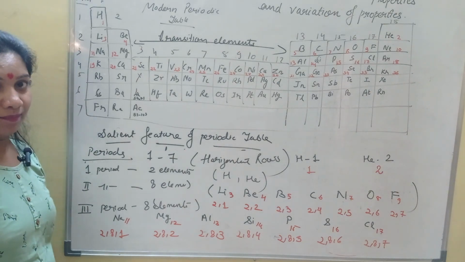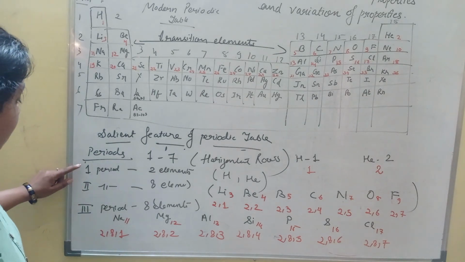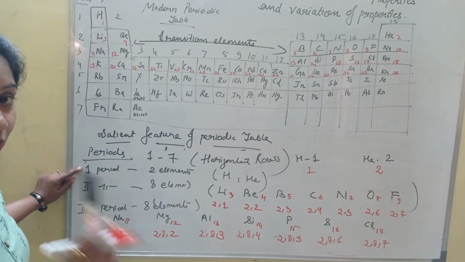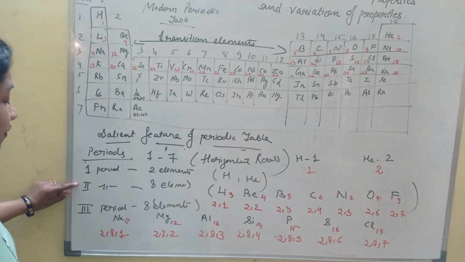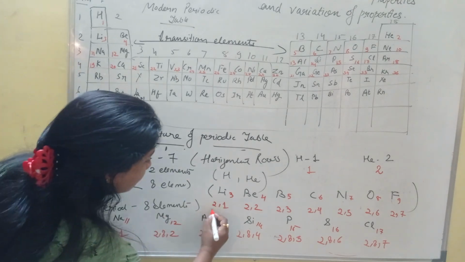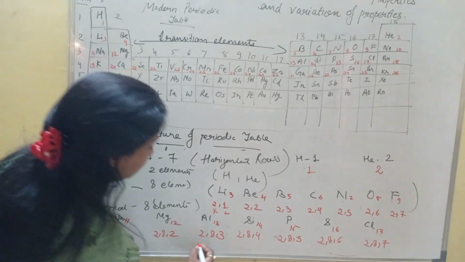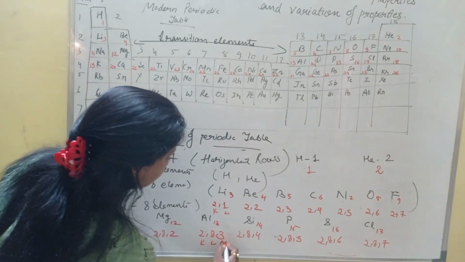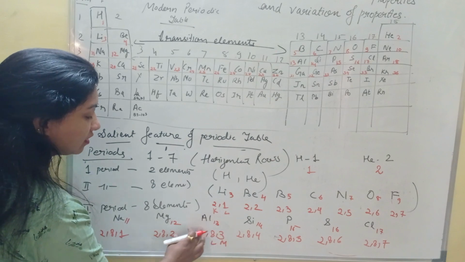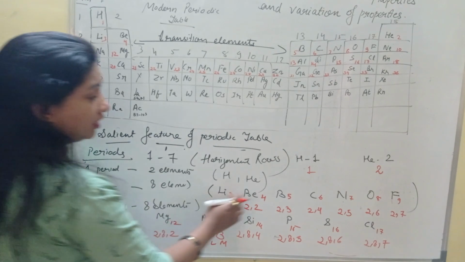Number of shells. Number of shells means if it is an element of the first period, that means it has only 1 shell in it. If it is an element of the second period, it has 2 shells, K shell, L shell. KLM, third period means 3 shells. You can count the number of shells from this electronic configuration.